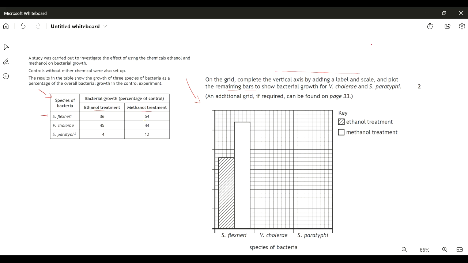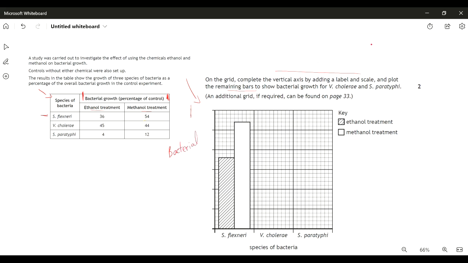So we start by adding that label in, and what we'll always say is copy and paste. So here is your dependent variable here. Write that word for word on your y-axis. Pupils would normally write it vertically up and down the way here, but I can't do that, so I'm just going to write it as they would.